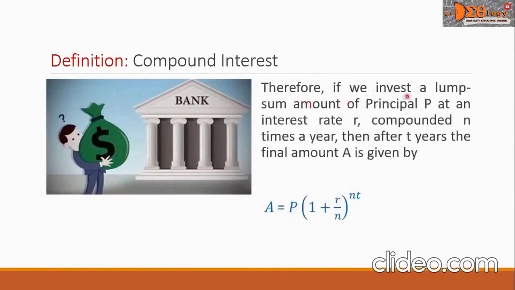Therefore, if we invest a lump sum amount of principal P at an interest rate R, compounded n times a year, then after T years, the final amount, denoted by capital A, is given by this formula: A equals P times the quantity 1 plus the fraction R over N, and this quantity is raised to a power that is the product of N times T.